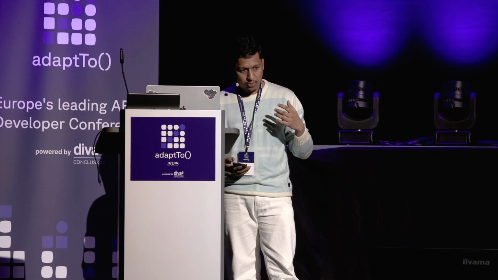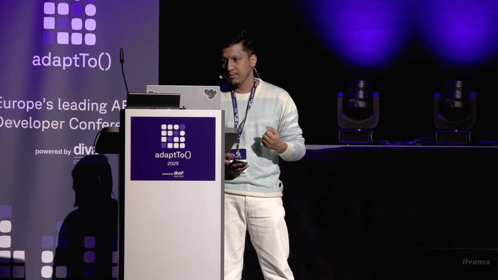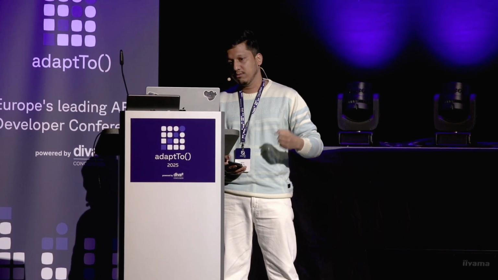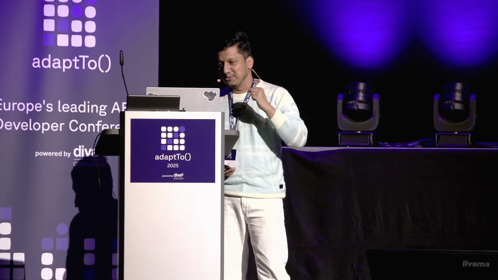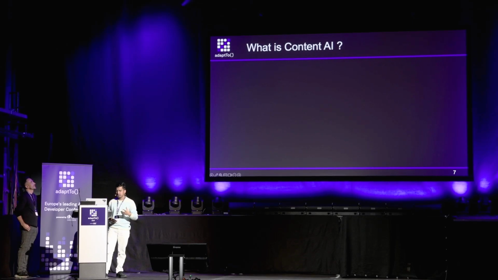Okay, so after having understood the need for Content AI and how it aims to solve the problems described, I'll now take a moment to showcase what is Content AI. It's a collection of different components and services that together aim to enable various AI-based opportunities.